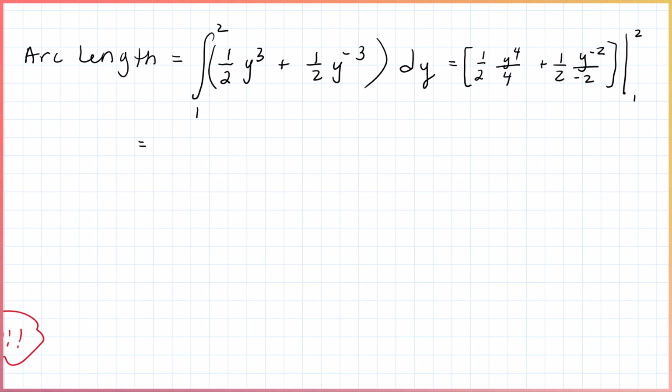This is going to become 1/8 y to the fourth minus 1/4 times 1 over y squared, evaluated from 1 to 2. We'll go ahead and plug in. And I think at this point I'll speed it up a little bit, and we'll just calculate this.